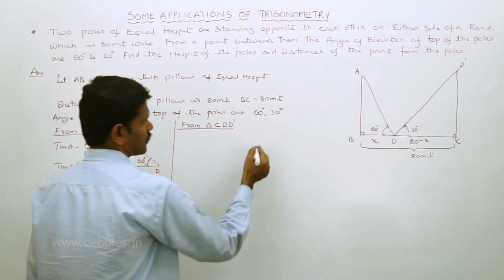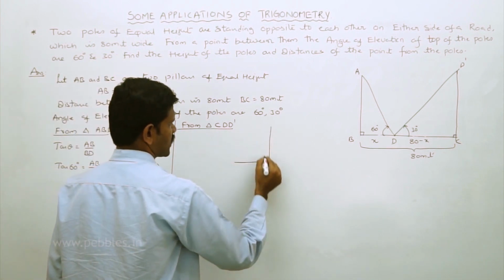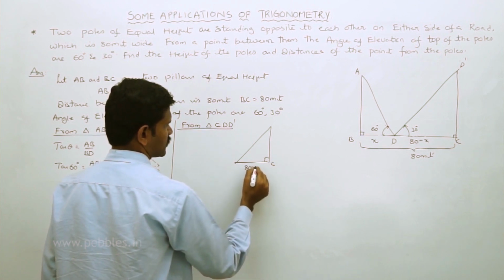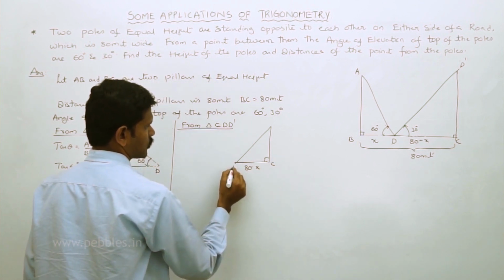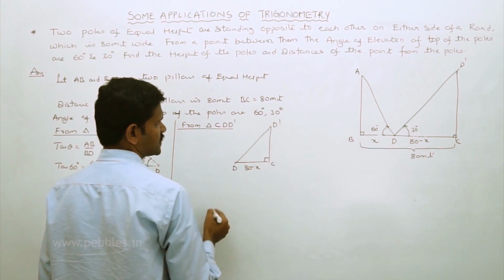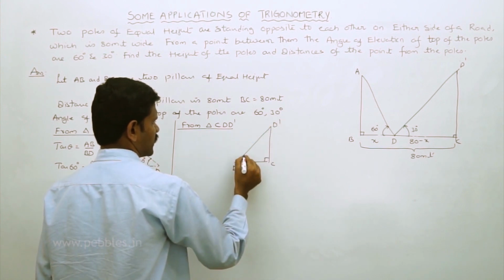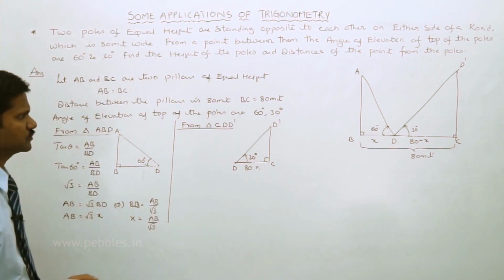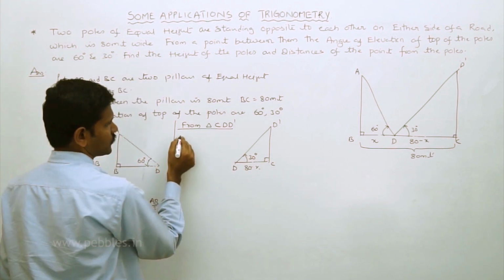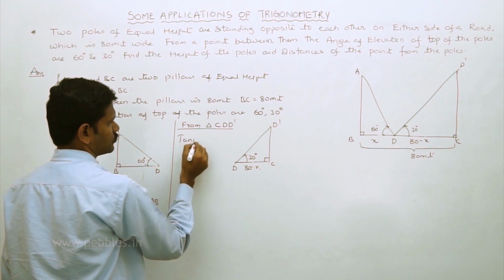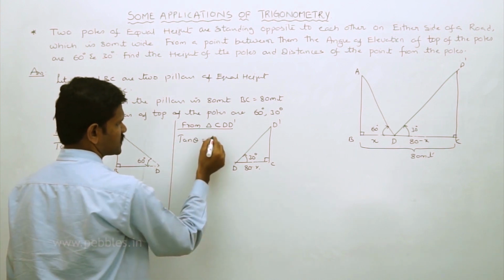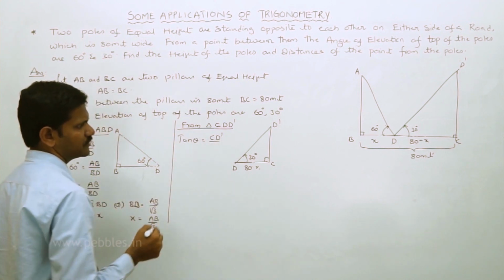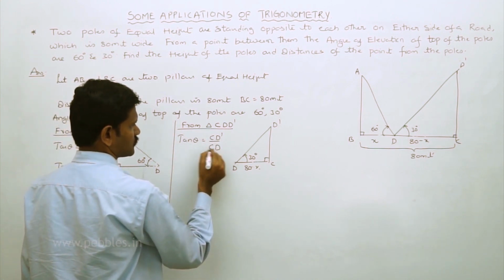That is, from this triangle, right angle is at C and the base is 80 minus x, DD dash, and the angle of elevation is 30 degrees. Now, tan theta is equal to opposite side CD dash by CD.